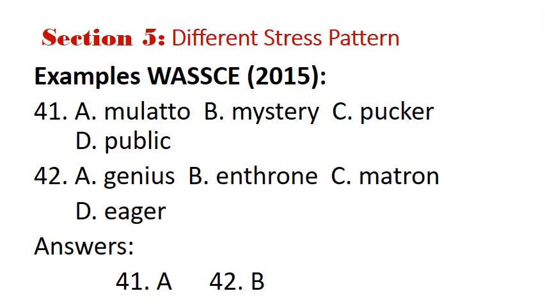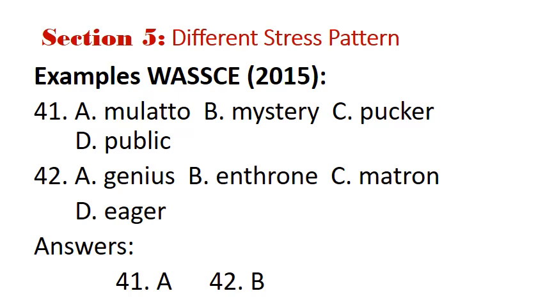Items 41 and 42, still from the 2015 past question, have the words as given. For A, we have the word mulatto. This word is pronounced mulatto. Option B is pronounced mystery.